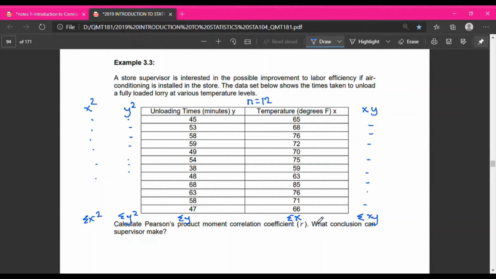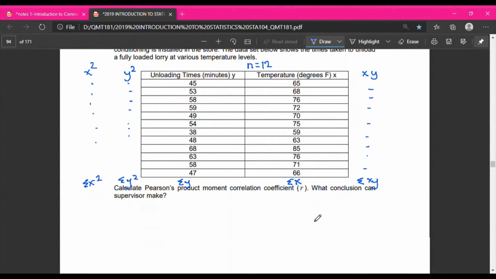Okay, you can do it manually, calculating one by one. But actually there is another way to get all the values of summation quickly using the scientific calculator. Okay, it is an advantage for you if you know how to use the scientific calculator to get all the values of summation here.